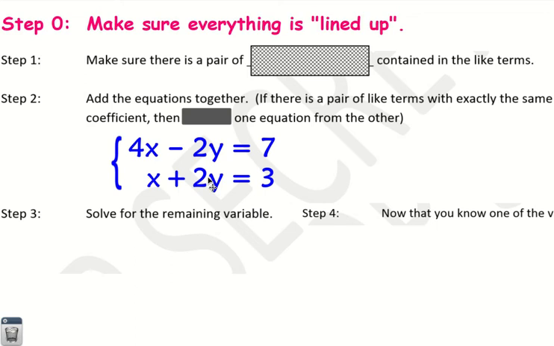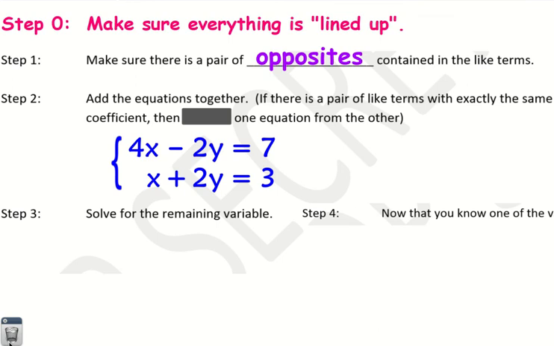Now, this makes almost too much sense, right? Are you ready? If the idea is to have one of the variables be eliminated after we add the equations together, don't we need to make sure that there is a pair of what?